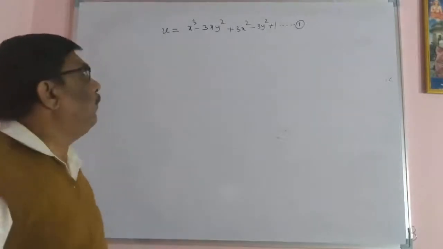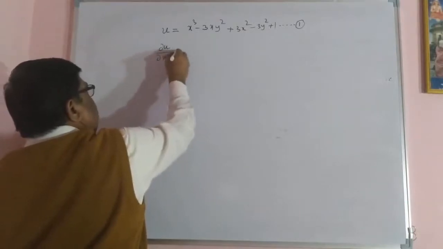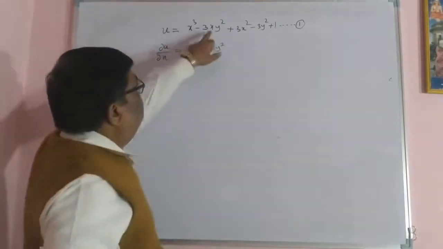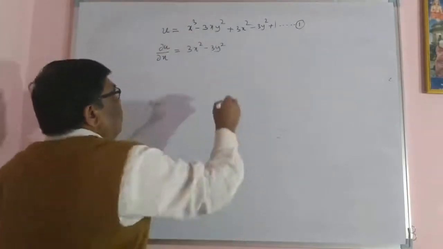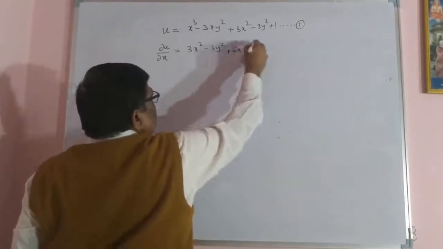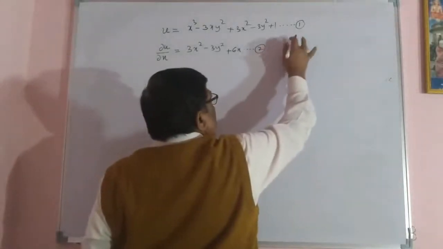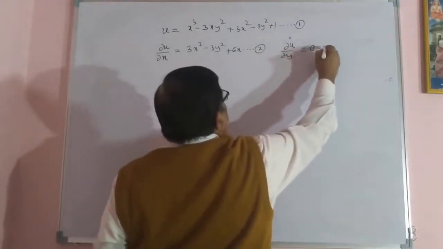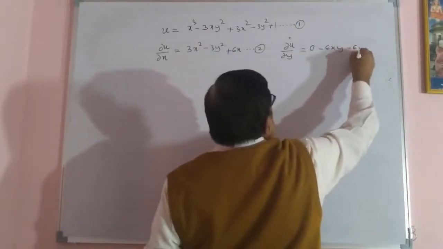Let us take partial differentiation with respect to x: 3x square minus 3y square, because x differentiation is 1, this is 3x square, 3y square constant, plus 6x, and the remaining two terms are 0. Call it equation number 2. Differentiate partially with respect to y: dou u by dou y equals first term is 0, minus 6xy, third term is also 0, minus 6y, and 1 is 0.